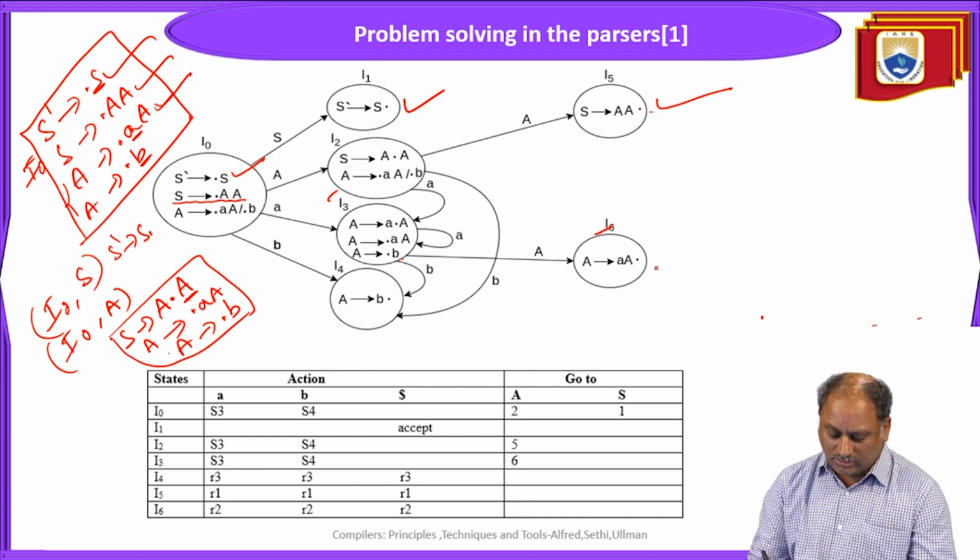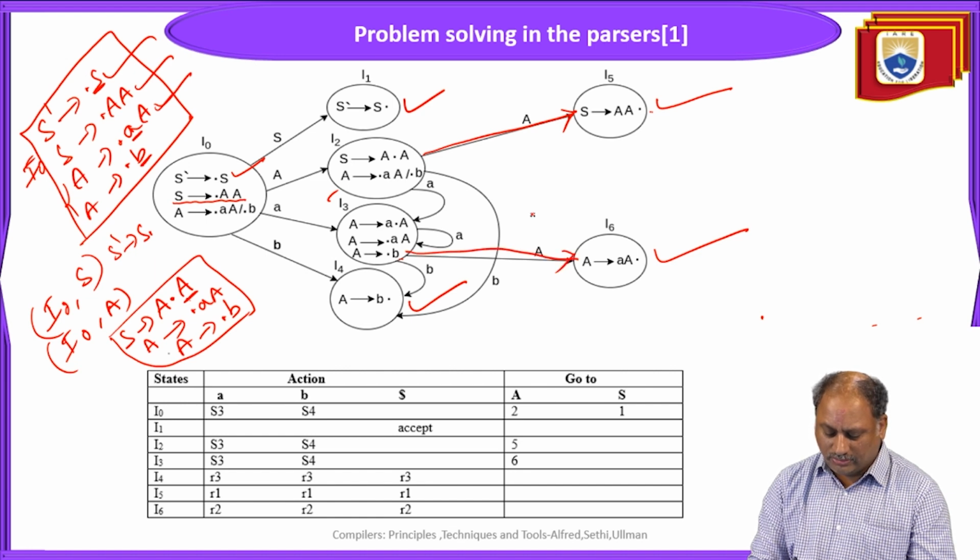For I3 also, we reach I6. I4 was already completed at the starting closure itself. We computed only I2 and I3. In I2, with closure operations on capital A, we reached I5, which is at the end, so we stopped.